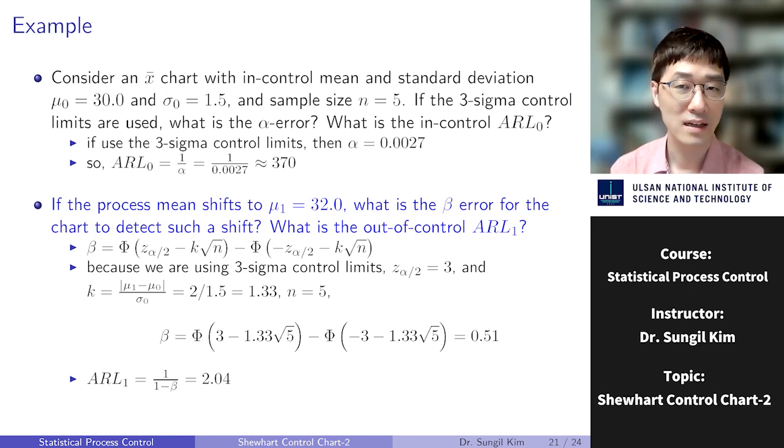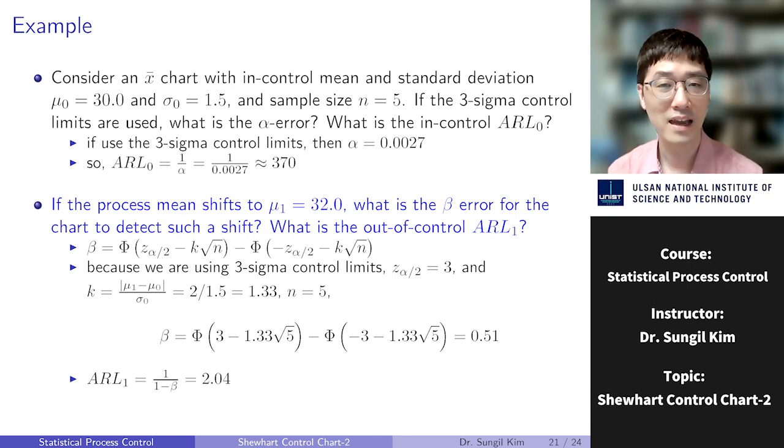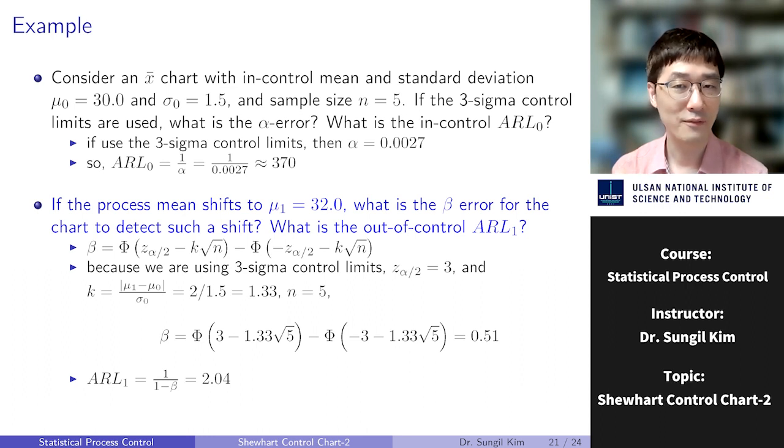Then what is the in control ARL, ARL0? If we apply the formula of ARL0, it is simply 1 over alpha. So ARL0 is around 370, which means that we expect to see the first signal at the 370th sample on average if the process is in control.